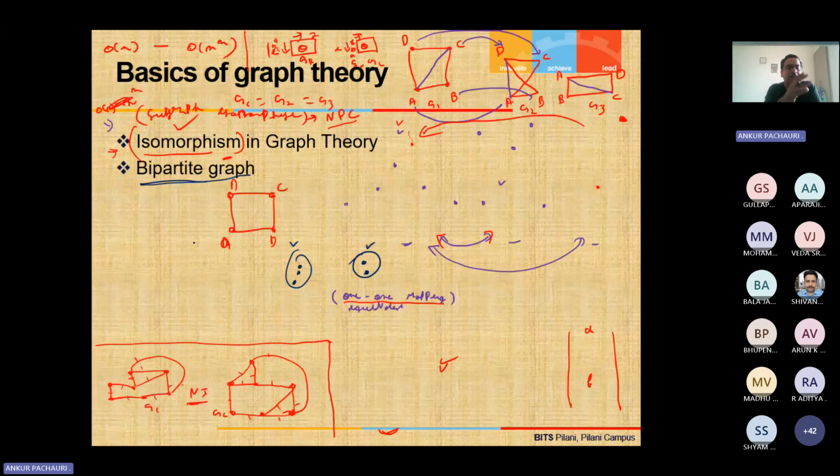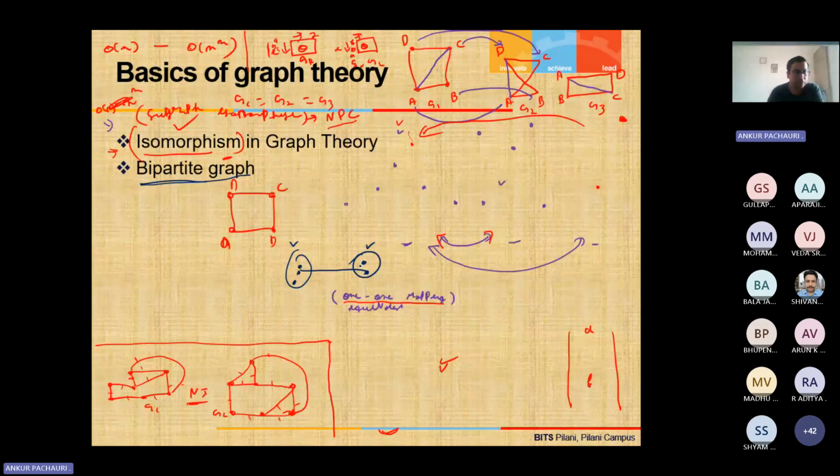I'll repeat the definition again. A graph is said to be bipartite if the nodes of the graph can be divided into two partitions such that the sets are mutually exclusive and collectively exhaustive. And there's one more condition: if there is an edge in the graph, it has to be from one set to another set.